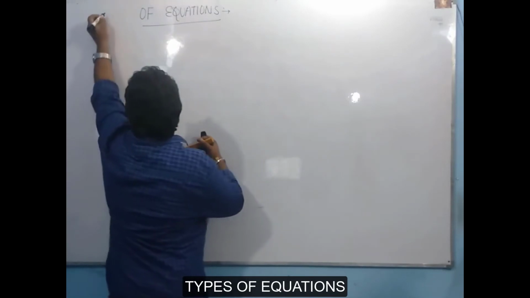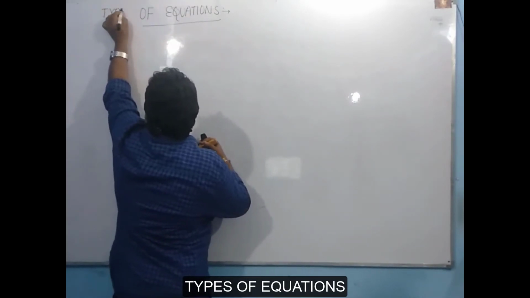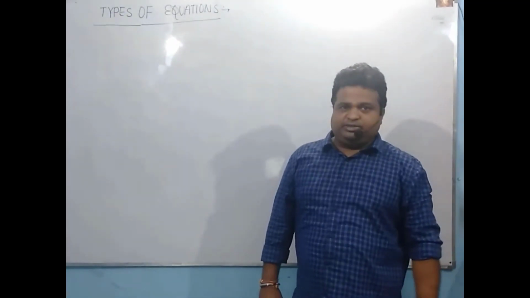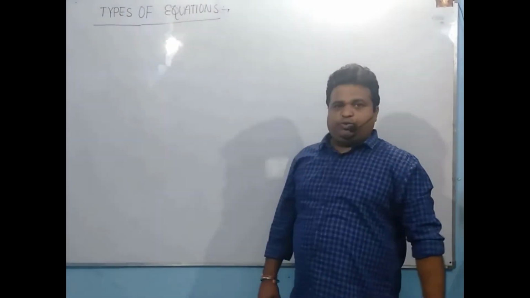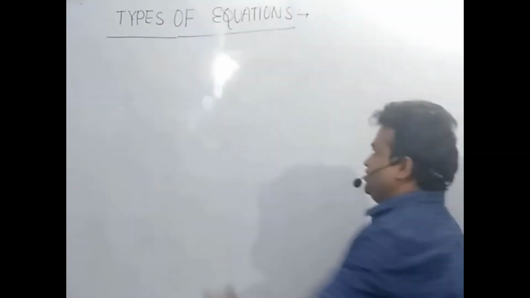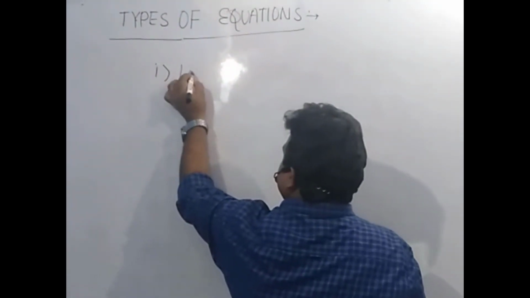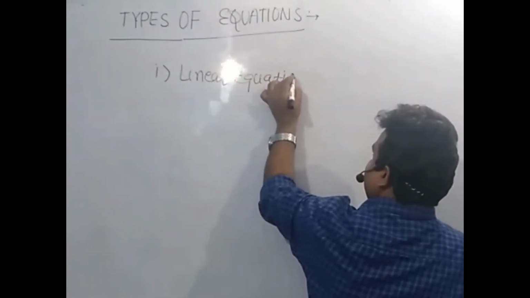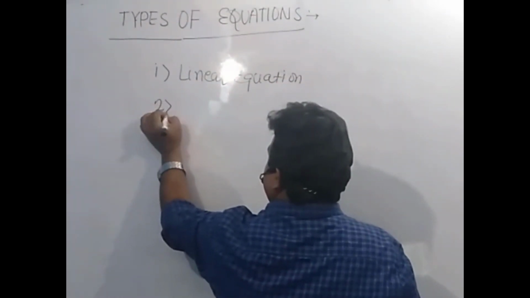So this topic is basically types of equation. How many types of equation are used in mathematics? This I am going to tell you. There are different kinds of equation. The first one is linear equation. The second is known as quadratic equation.